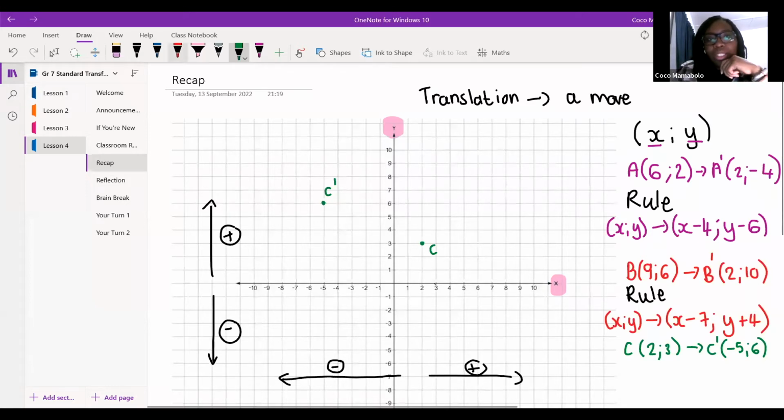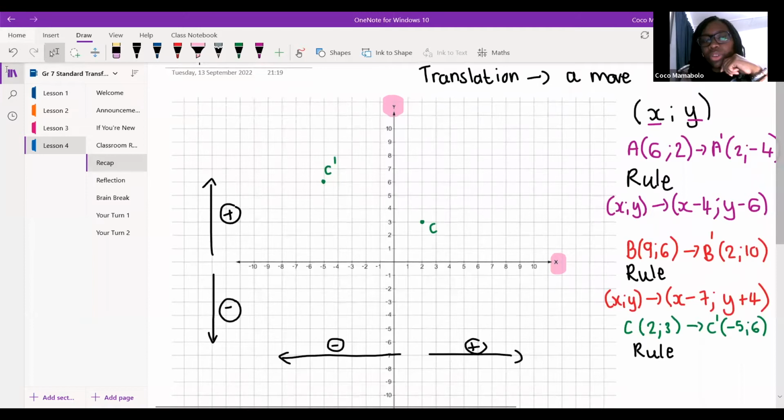Okay, all right. Bonolo, are you ready for the rule? Are you there, Bonolo? Yes, ma'am. Hi, my sweetie. All right. So you're going to tell me the rule. Where are we moving? To get from C to C prime, where are we going to move?